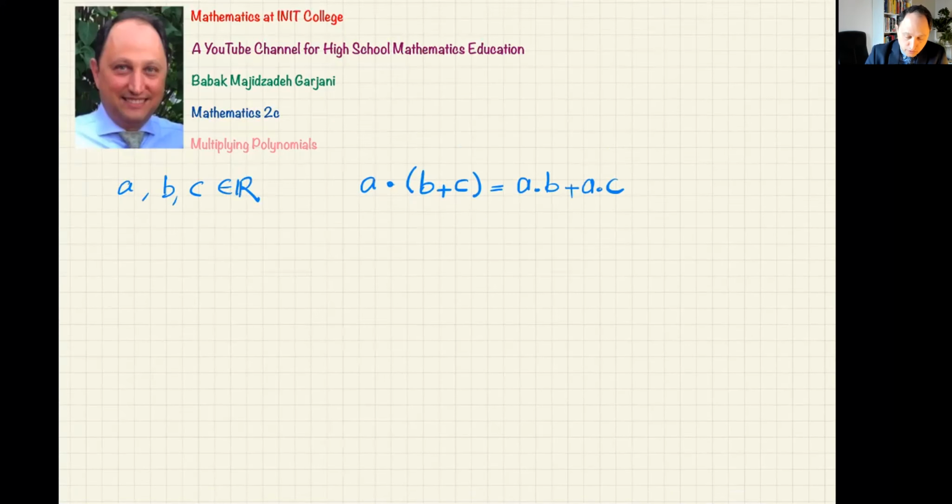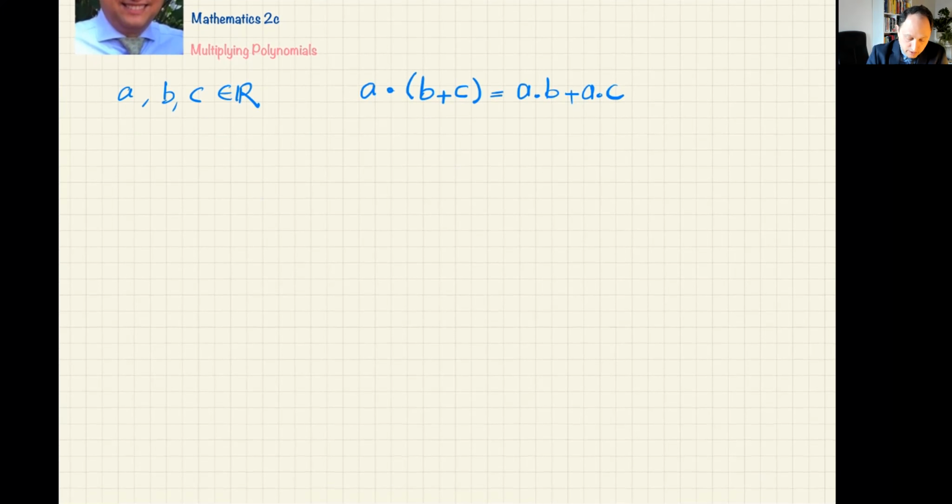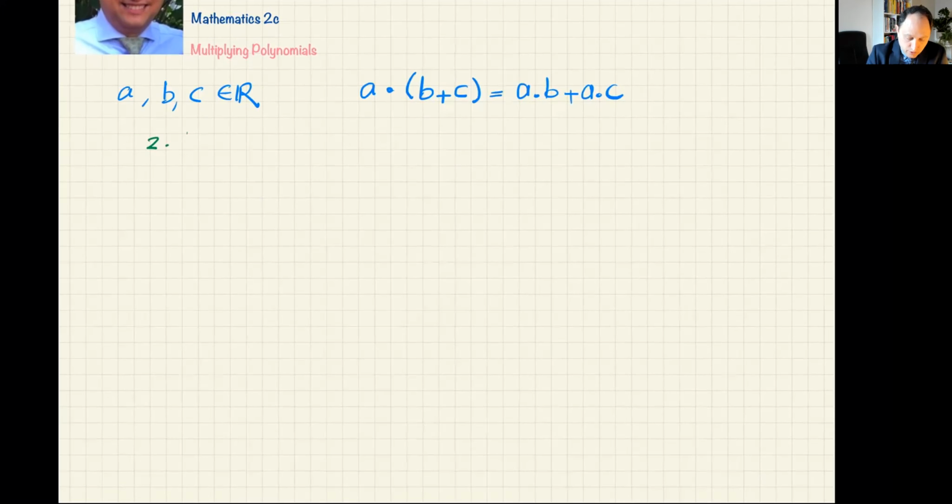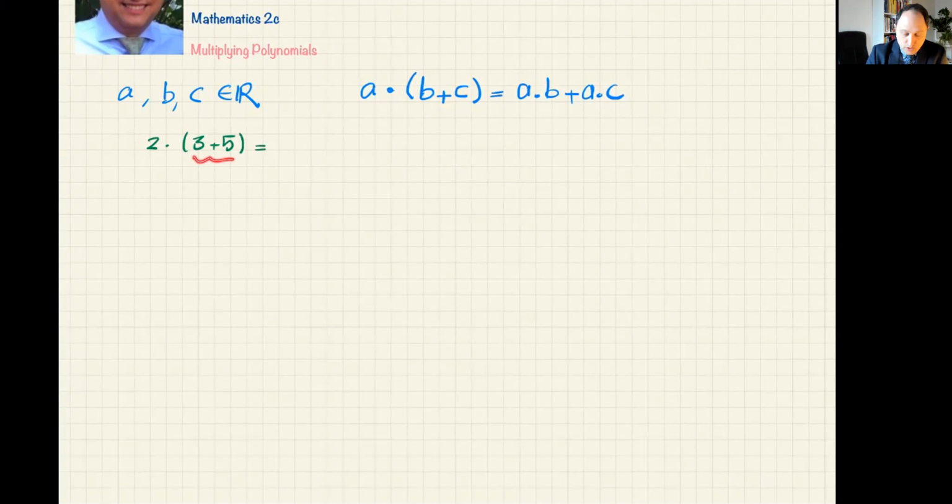For example, if I want to give you a numerical example, you can have 2 times (3 plus 5). Of course, if I ask you to calculate this, because these are numbers, you usually do not do it like this. You would say 3 plus 5 is 8, so I would write 2 times 8, and the answer becomes 16. But if you want to, you can also do it in this way.